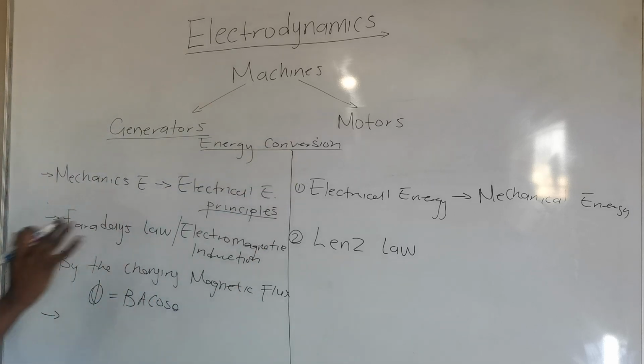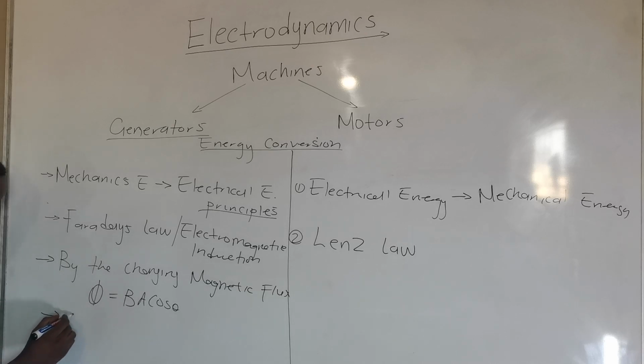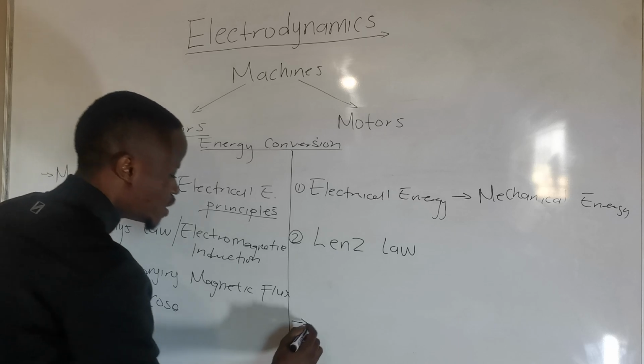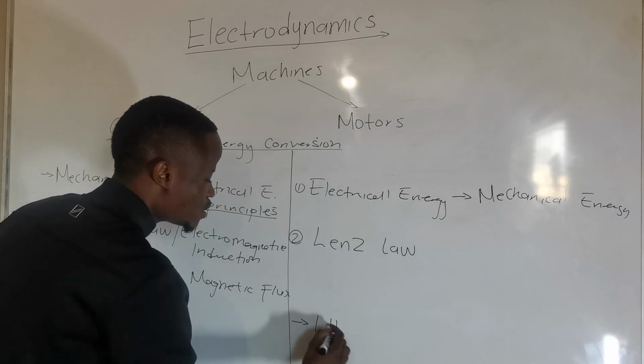I'm going to show you this in not so long. In our generators, we are going to be predicting these three things using the right hand rule, while on the motors we are going to be using the left hand rule.